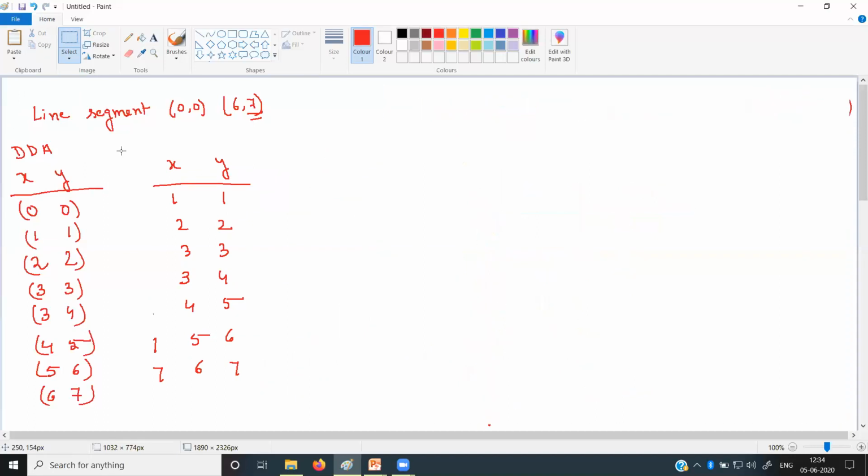So here you can see the set of points. Definitely initially you have to plot 0, 0. That I have not given over here. You have to plot 0, 0 as the initial point, because for that initial point we don't need to compute it.